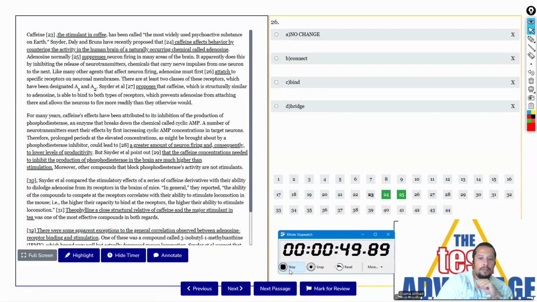26. Think of the conversation. Think of the diction. Think of the topic. Think of the word choice.